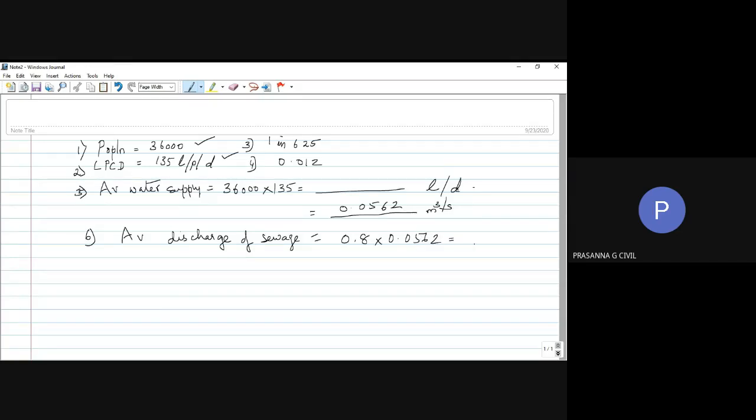You will get some answer in meter cube per second. So this will be your dry weather flow. What is the answer? 0.045. Okay, done.